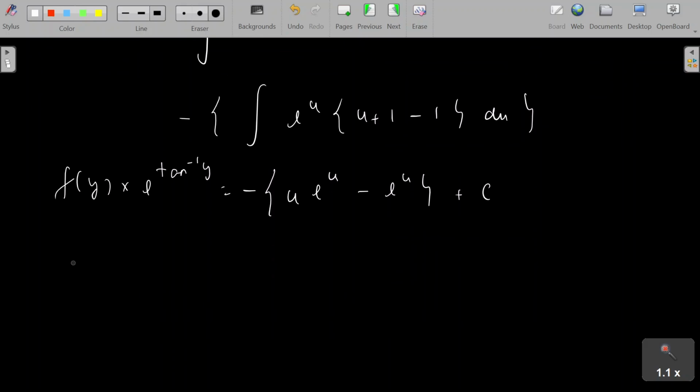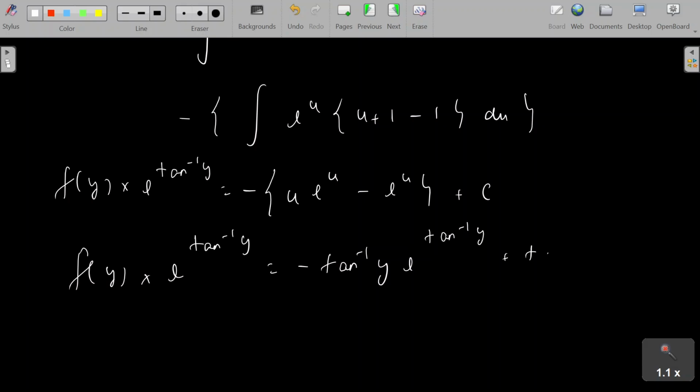U is tan inverse y, so we got f of y into e to the power tan inverse y equals minus tan inverse y e to the power tan inverse y plus c.